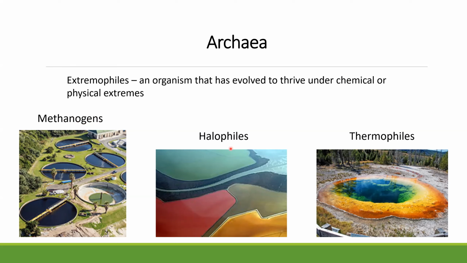You have halophiles, so these are salt-loving organisms. And here I have an image of the San Francisco Bay salt ponds. So these were essentially used as salt evaporation ponds since the gold rush, obviously to preserve food.